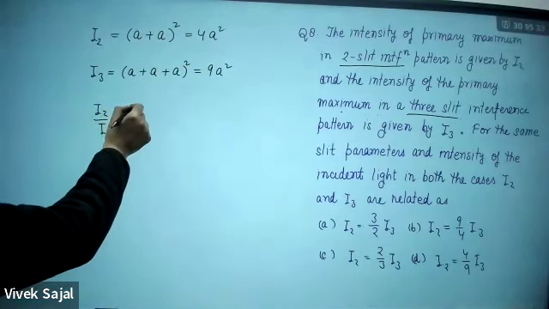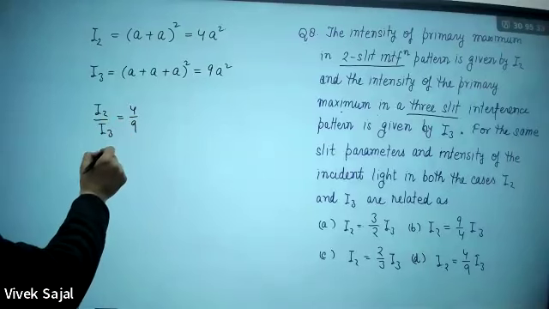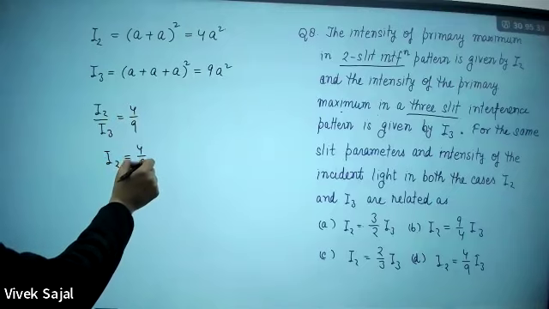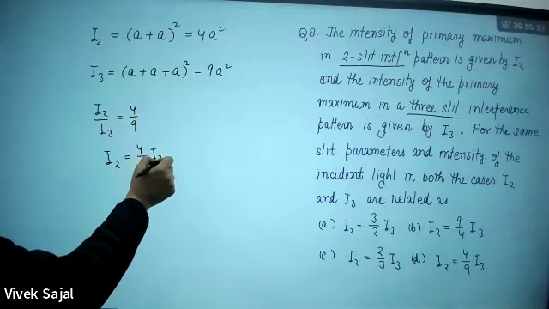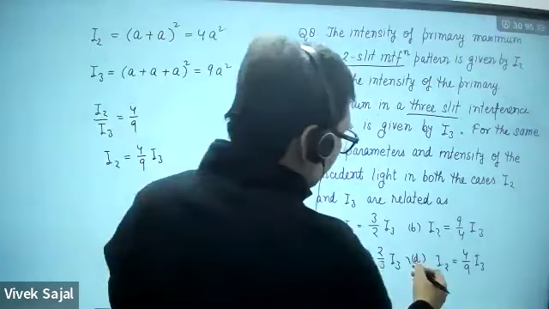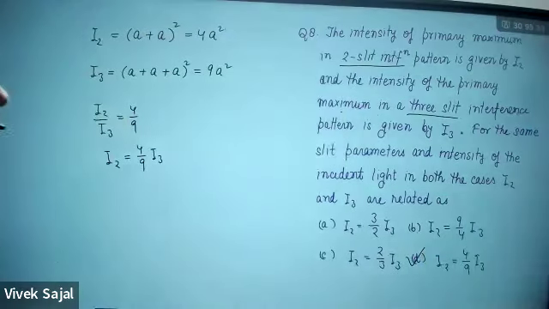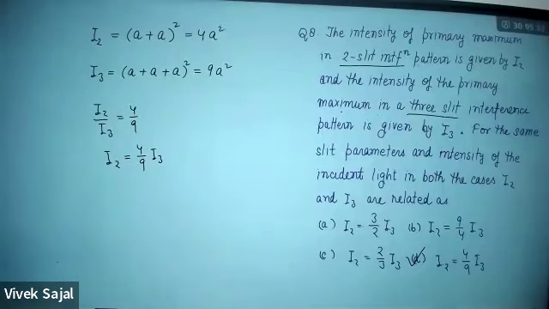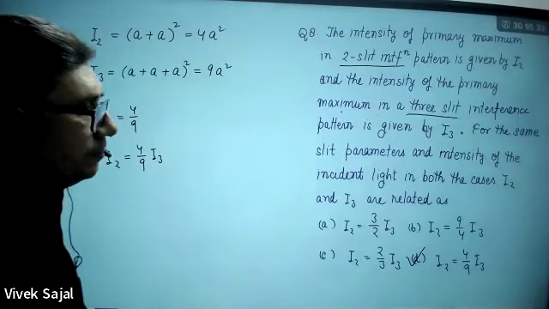So this will be 4 upon 9. So I2 will be equal to 4 upon 9 I3. So option D is the correct answer. This was another question. Okay, next.